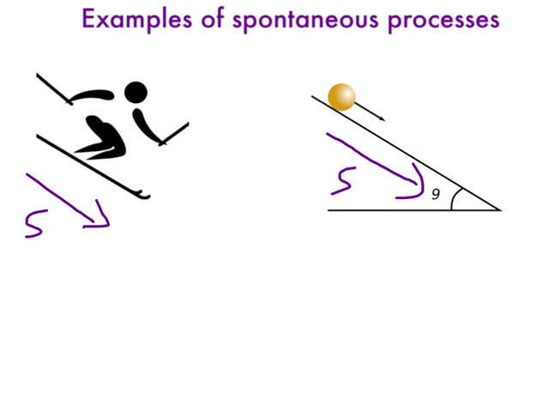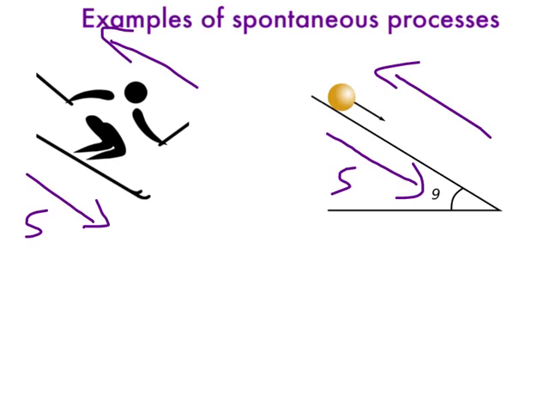One thing you should probably notice about this is that in one direction, the reaction or the process is spontaneous. In the other direction, like the skier going up the hill or the ball rolling up the hill, the process would not be spontaneous, as it would require an extra set of conditions.